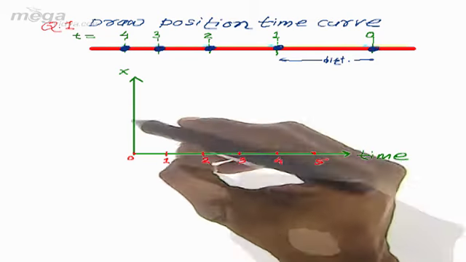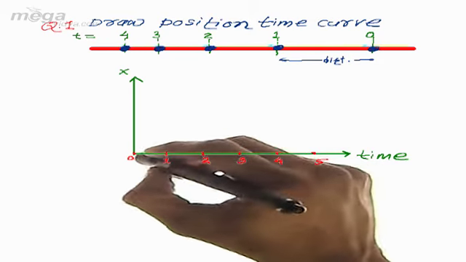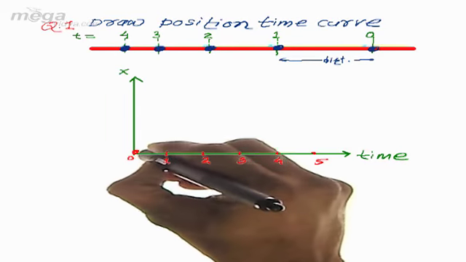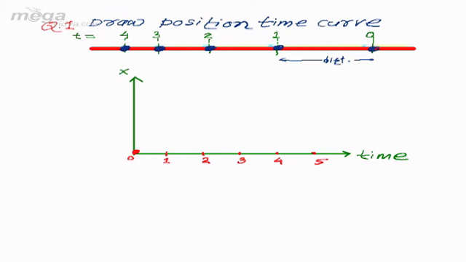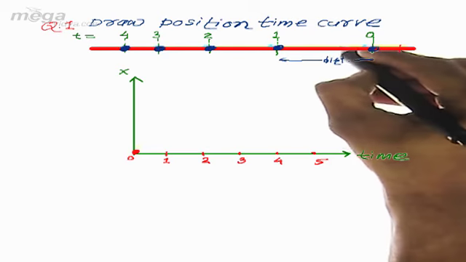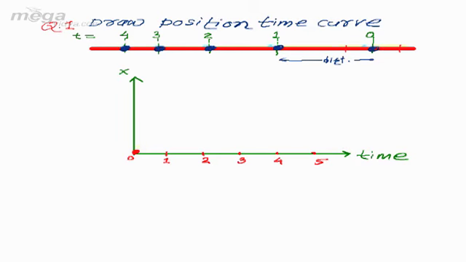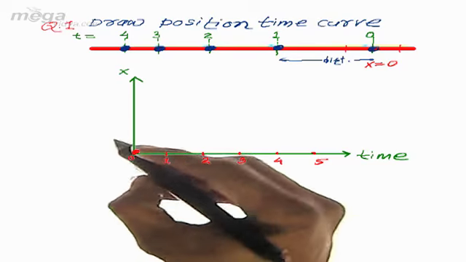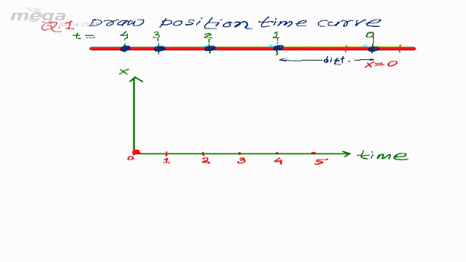Now see that at time t equal to 0, the particle was at x equal to 0. I have chosen x equal to 0 at time t equal to 0 as per my own convenience. You can take it at some other place also, say here or here, depending upon your mood. So just see, I have drawn x equal to 0 at time 0. So my first point: the object was at x equal to 0 at time t equal to 0.